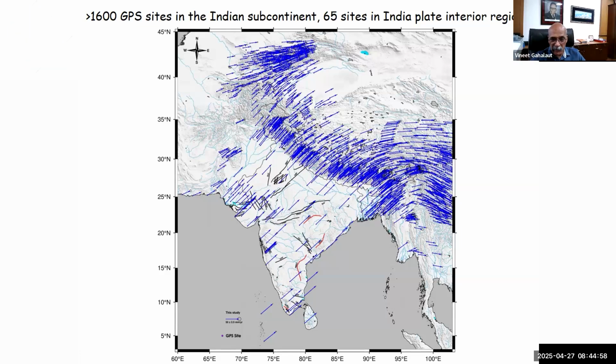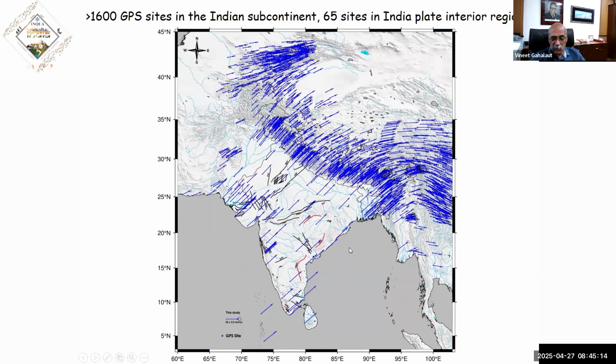But if that was the case, then why do we have earthquakes here in the stable continental region? So there must be some differential motion which must be going on in stable continental region as well.